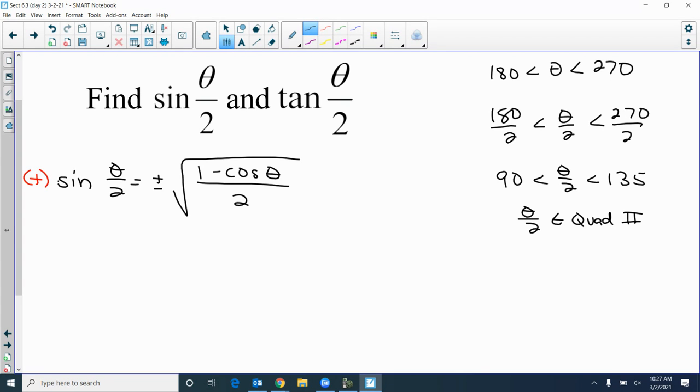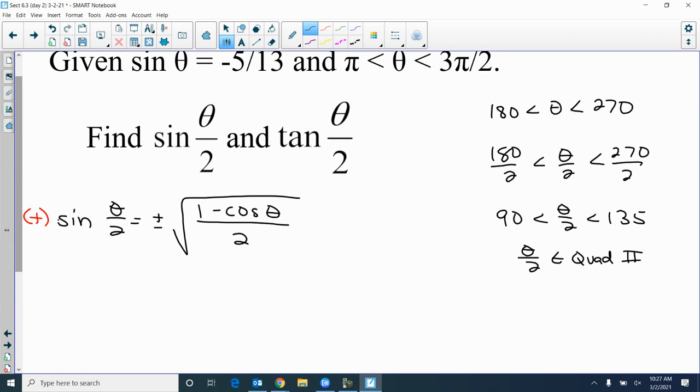All right, I have to do a little bit of work because I know the sine is negative 5 over 13. And I know it is in quadrant 3. So it's going to be negative 5 over 13.